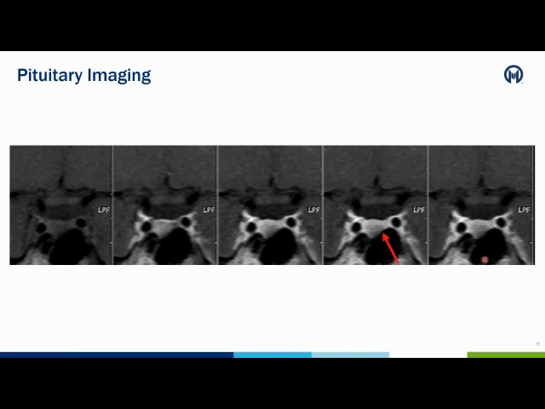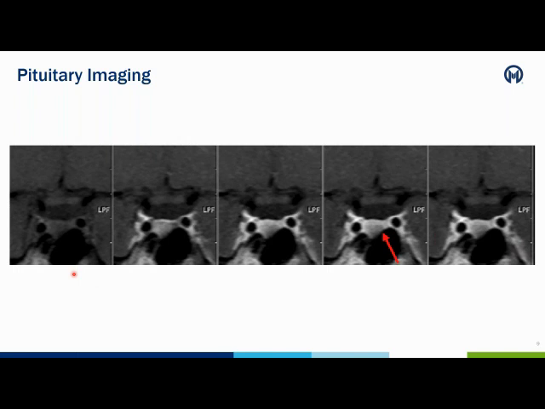A lot of patients do not know about this dynamic sequence, but they're not done everywhere. But ultimately, what happens is the pituitary gland enhances very avidly with the contrast.